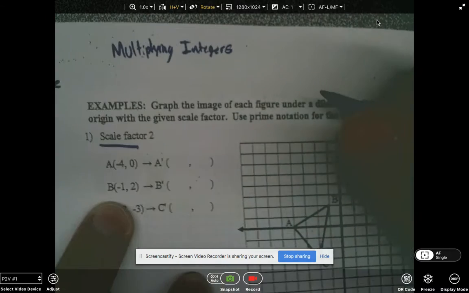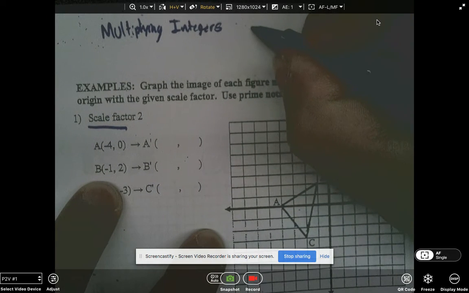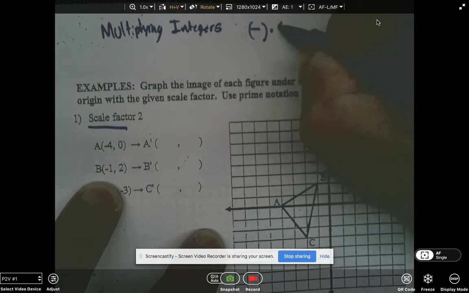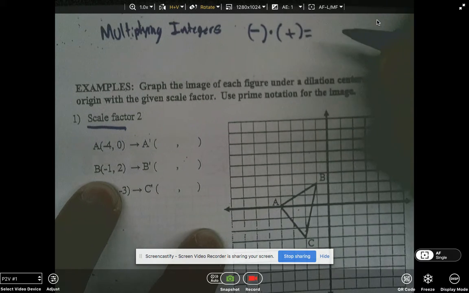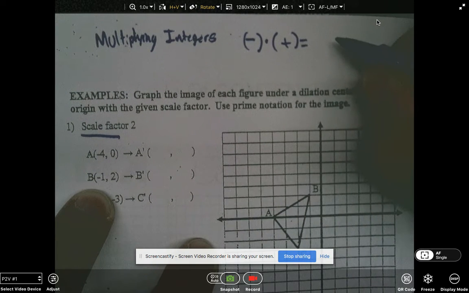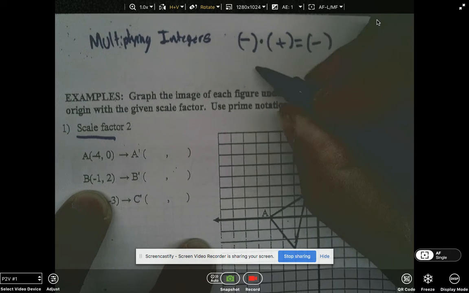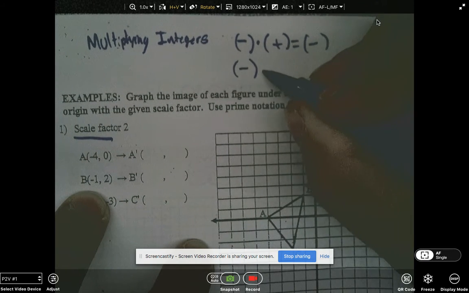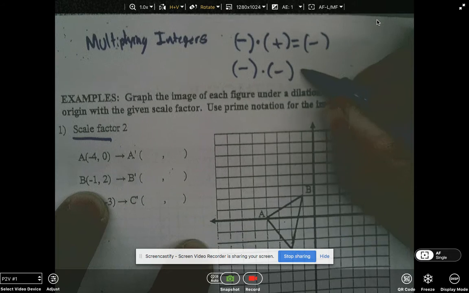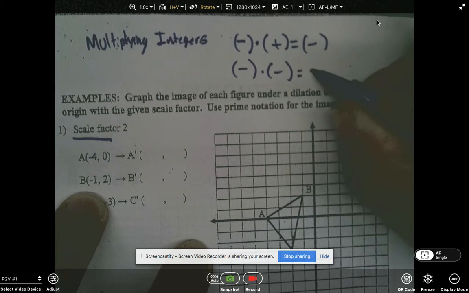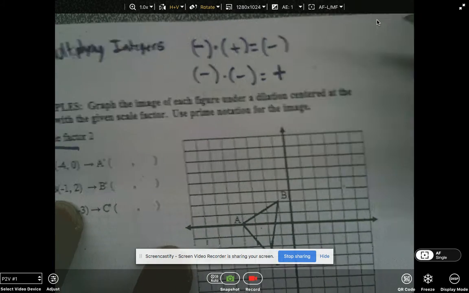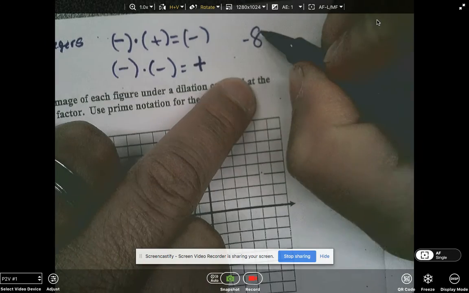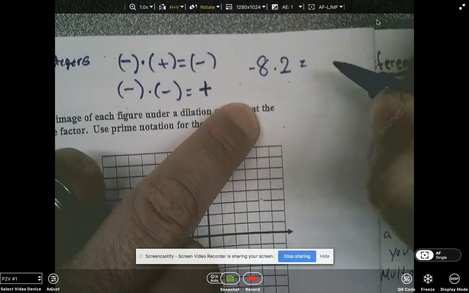So just remember, for example, say we have a negative times a positive. What does that always give you? Can you raise your hand and tell me? A negative. And then a negative times a negative, make sure you're copying this down, would give you a what? Positive. So for example, what's negative 8 times 2?